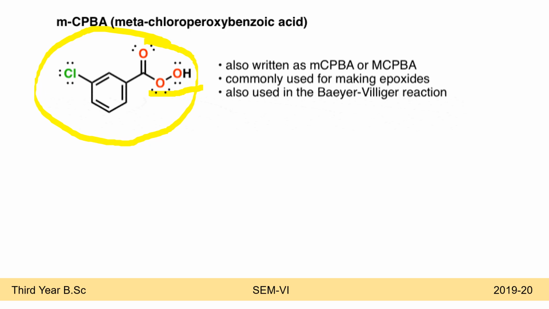So this is the little bit of difference between these two molecules. Actually, mCPBA is a colorless crystalline solid containing 80% active peracid. It is a specific reagent for oxidation of alkenes into epoxides. The general purpose of mCPBA is for the epoxidation of alkene compounds. It is also used in Baeyer-Villiger rearrangement reactions.